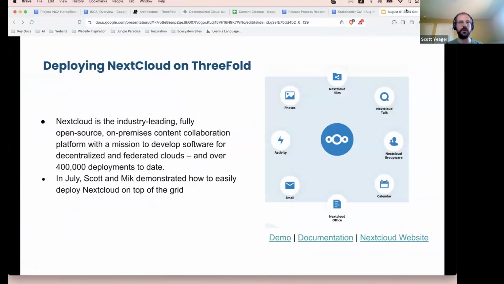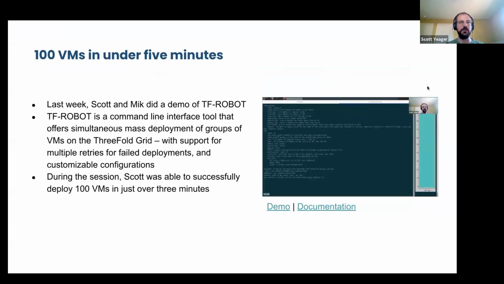So we showed off how that works. And it's cool. Anyone can go and deploy a NextCloud instance. We have documentation in the manual. It's there in the dashboard. So if you want to try it out, go ahead. And if you want to see the demo, these are all recorded and we share them on YouTube, so you can check that out as well.